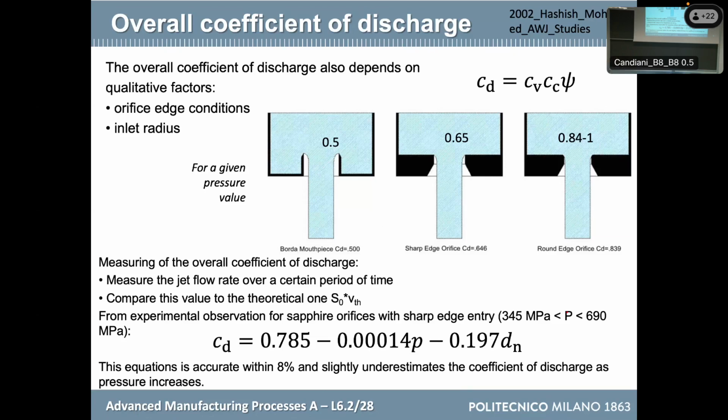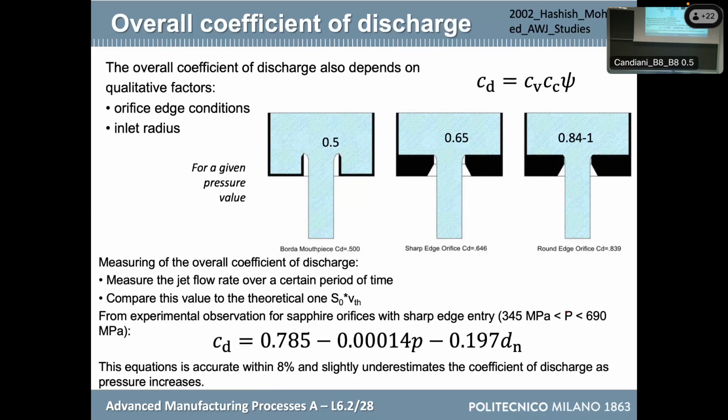If you look at the first orifice on the left, since there is this protrusion, it forces the water to detach clearly from the walls of the orifice itself. And in that case, we achieve a 0.5 CD. Obviously, CD is almost completely guided by CC.